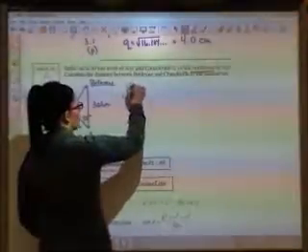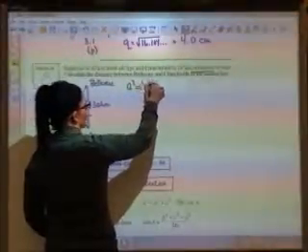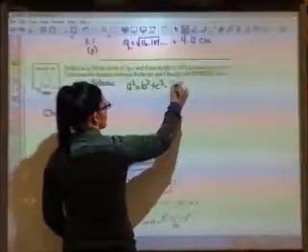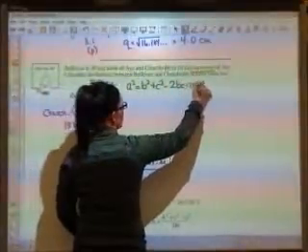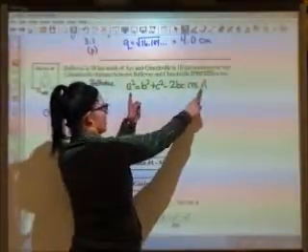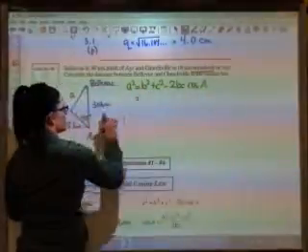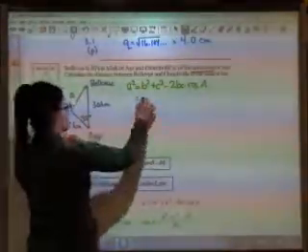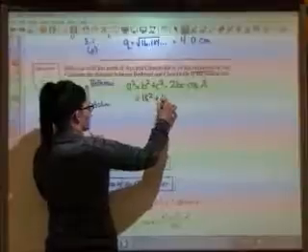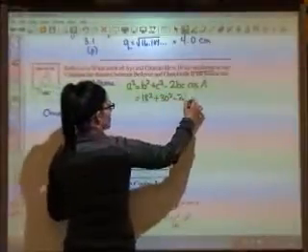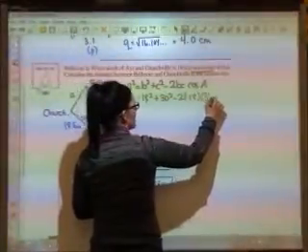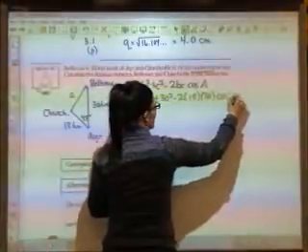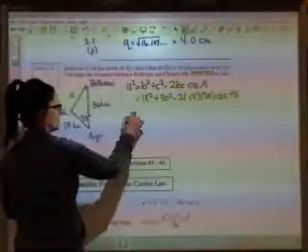So I have a squared will equal b squared plus c squared minus 2bc cos a. Again, there's my match. So a squared would be 18 squared plus 30 squared minus 2 times 18 times 30 times cos 45.